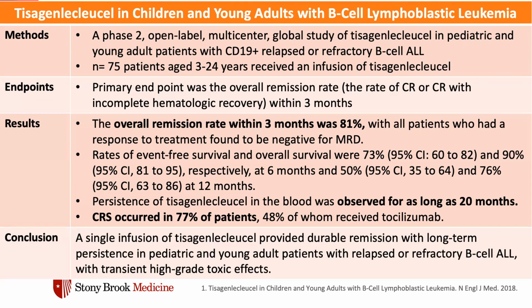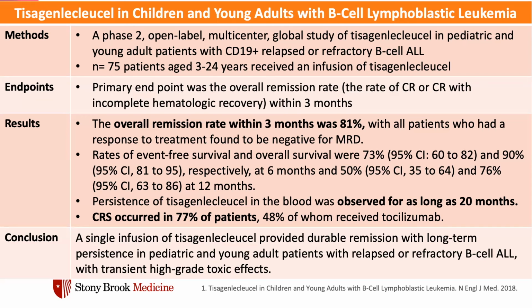The overall remission rate within 3 months was 81%. That's pretty significant, since a lot of these patients were refractory to previous chemotherapies or kept relapsing, or received targeted therapies that failed. So an overall remission rate of 81% is pretty impressive.